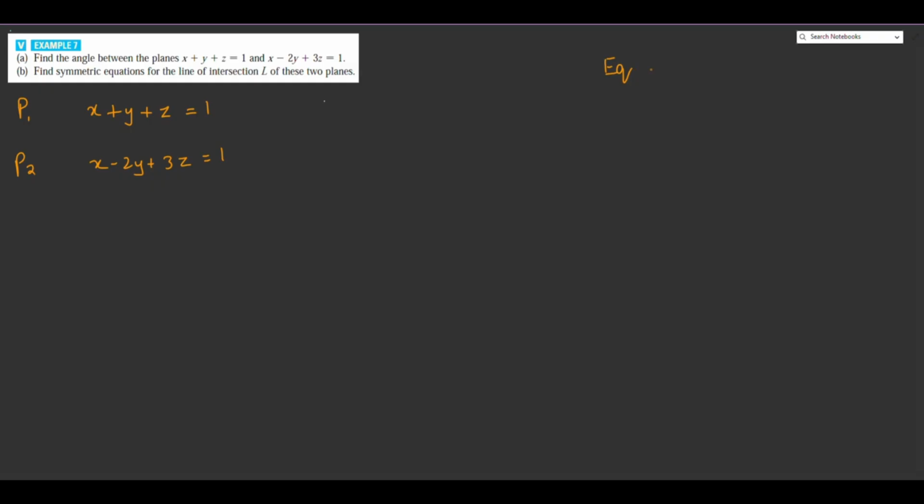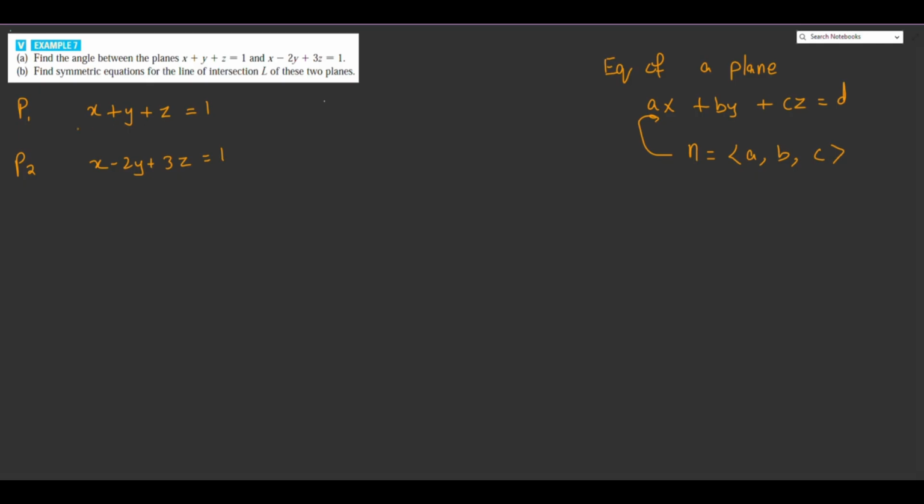We know that the equation of a plane is given by ax plus by plus cz equals d, and the numbers written with x, y, and z are the components of the normal vector to this plane. So we can obtain the normal vector by just writing these values of a, b, and c.